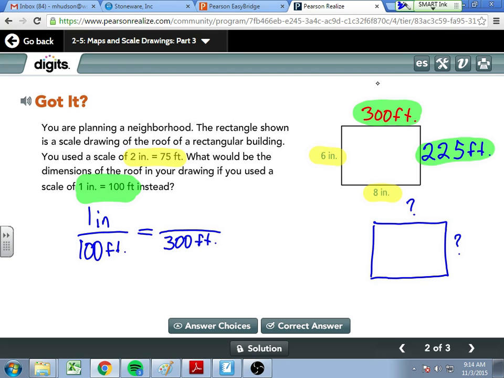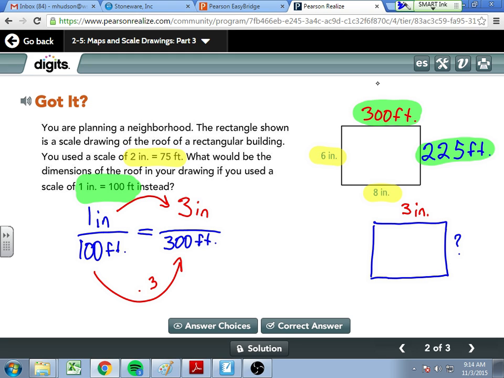So I use the 300 feet to figure out the new length. How do I go from 100 feet to 300 feet? You multiply it by 3. So since we did that there, we'll do the same thing on top, and we get that in my new drawing, this will be 3 inches.